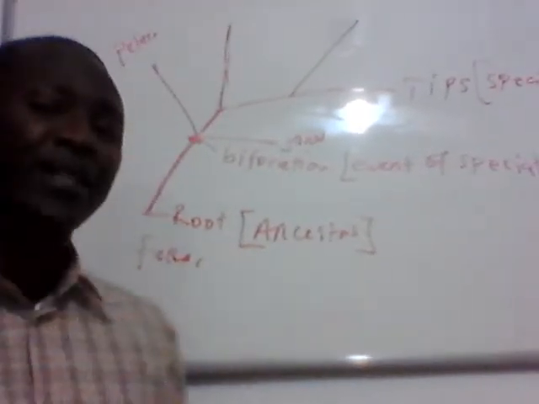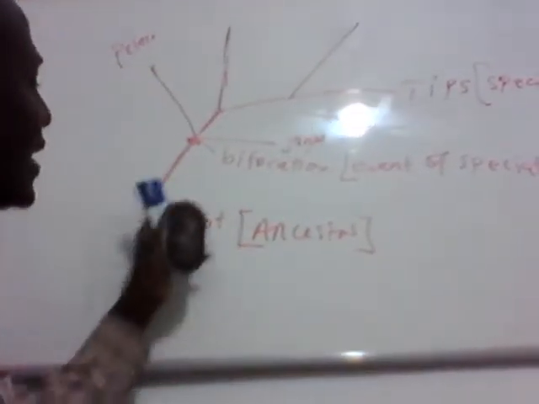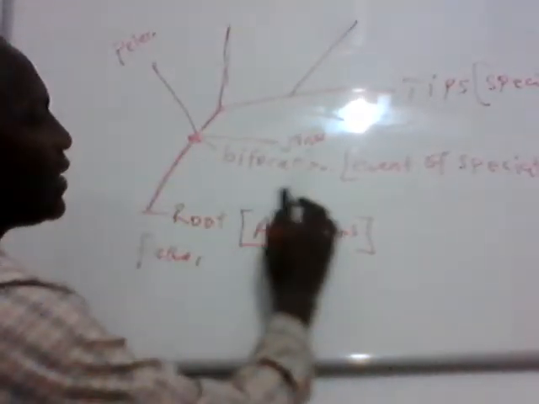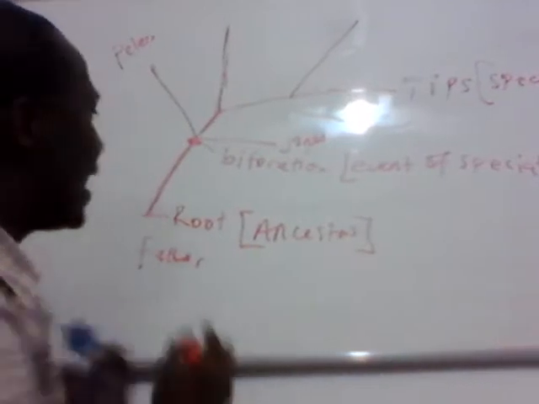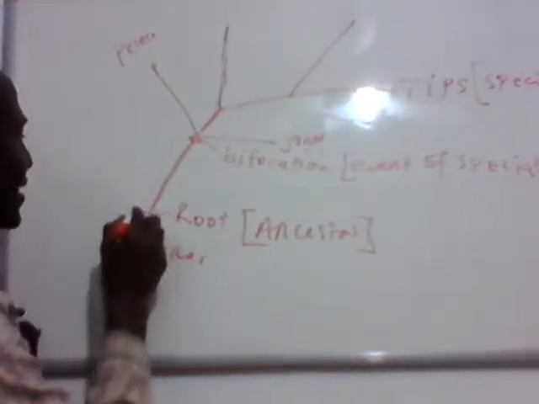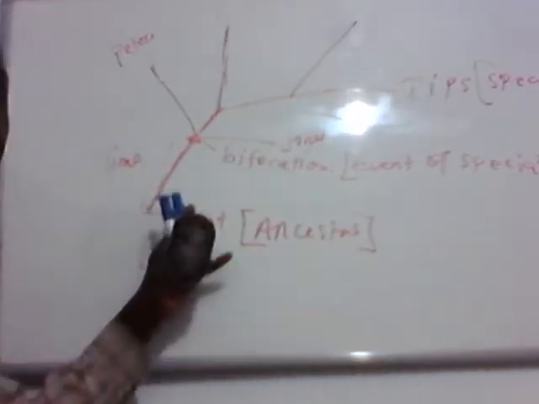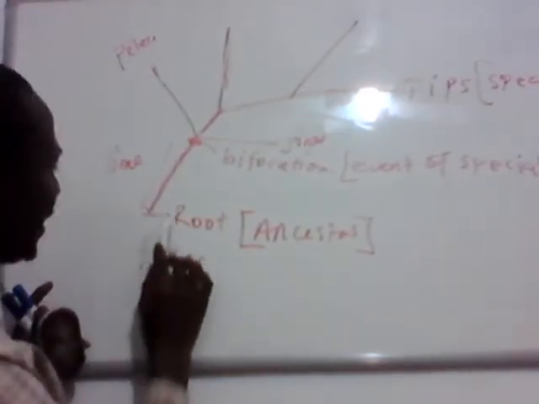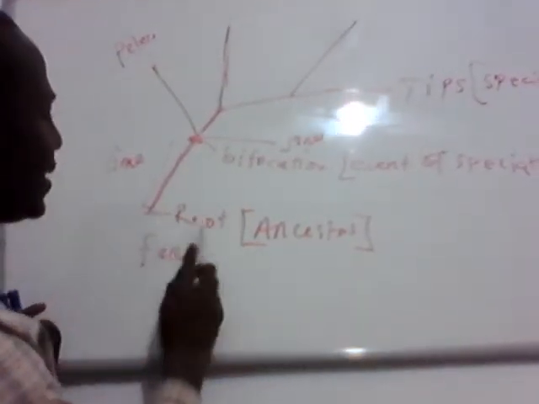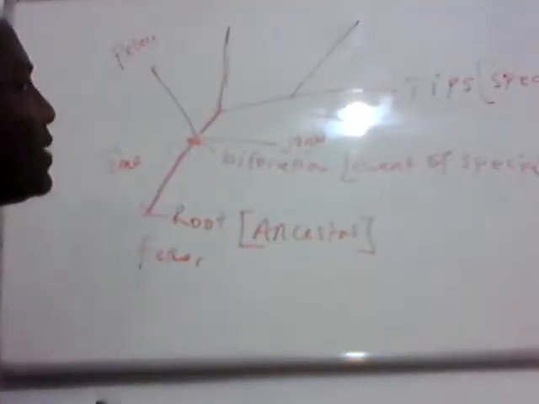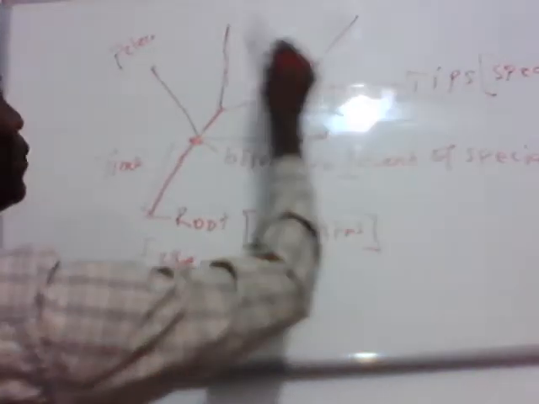In phylogenetic trees, every root tells you the ancestor, and every bifurcation tells you the event of speciation, and this length tells you the time it takes for this ancestral species to diverge into these two species. Every tip gives you what you call a species.